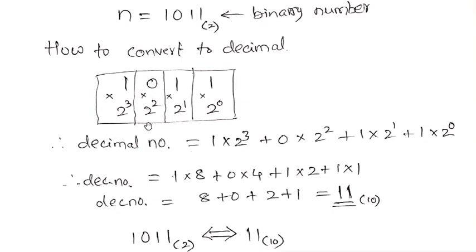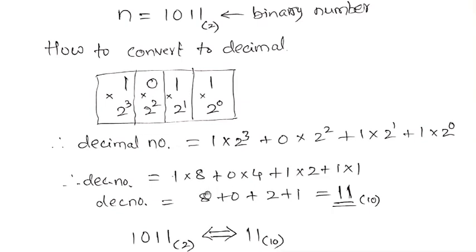It will be represented as 1 into 2 raised to 3, plus 0 into 2 raised to 2, plus 1 into 2 raised to 1, plus 1 into 2 raised to 0. Now 2 raised to 3 is 8, 2 raised to 2 is 4, 2 raised to 1 is 2, and 2 raised to 0 is 1. Anything raised to 0 is 1.